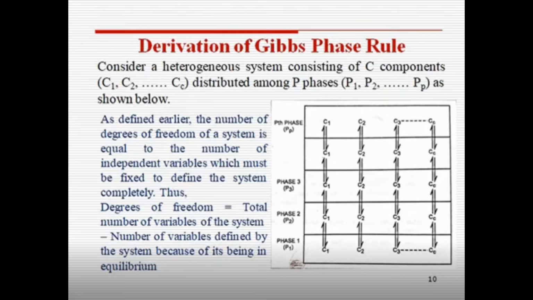Thus, degrees of freedom is equal to the total number of variables of the system minus the number of variables defined by the system because of its being in equilibrium. So, to calculate the degrees of freedom, we require two terms, that is the total number of variables of the system and the number of variables defined by the system because of its being in equilibrium. We will find these one by one.